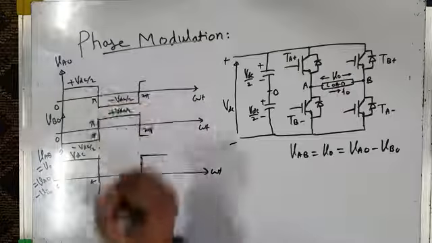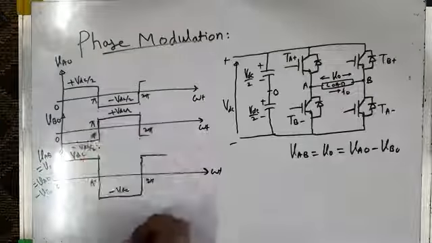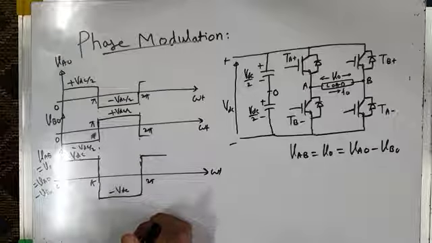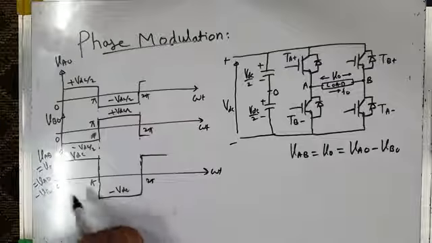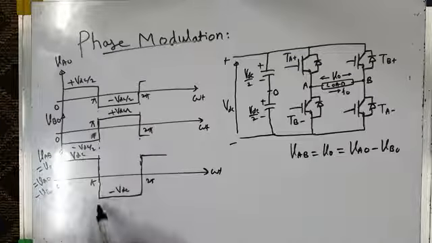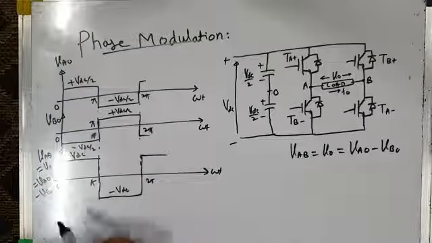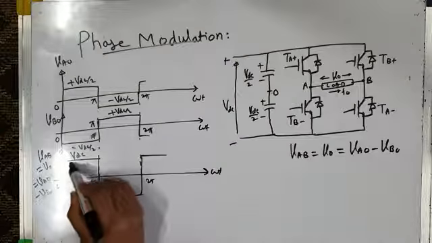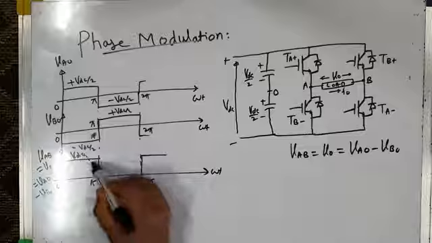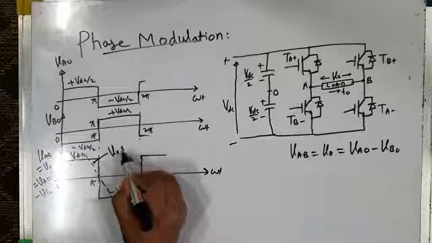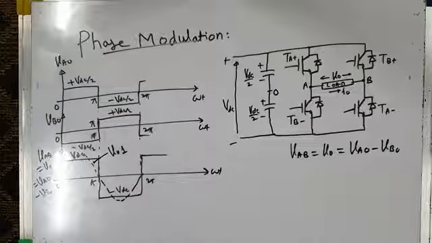So the two pole voltages are 180 degrees out of phase, which gives our load voltage for the positive half cycle equal to VDC, and for the negative half cycle equal to minus VDC. And the fundamental component of the load voltage will be this. Let us call this VO1, the fundamental component of voltage.